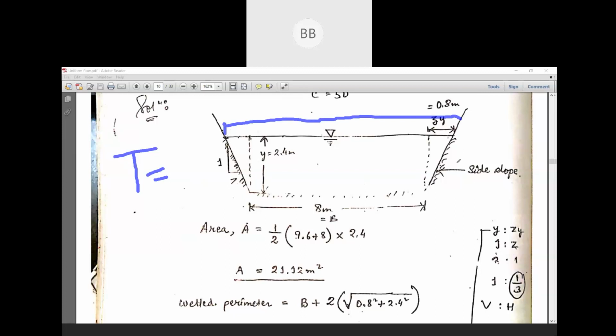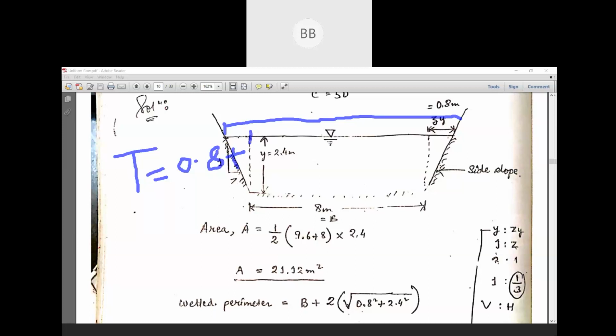This is nothing but it will be same like zy, that is 0.8, because both the side slope is same, so you are going to get the same value on both sides. So whenever you solve this numerical, you have to find out only for one side, unless and until both your side slopes are same.